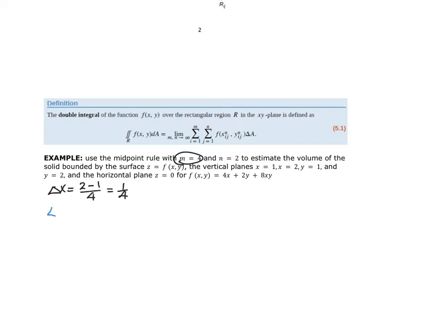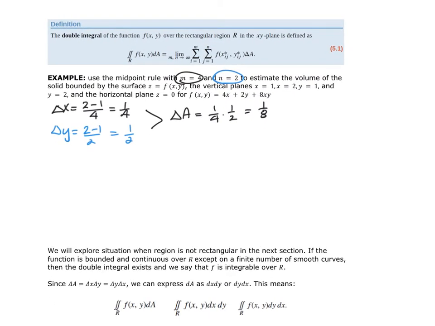My delta y is going to be 2 minus 1 divided by 2. So this gives me 1/2. That means these combine for my delta A, and my delta A is going to be 1/4 multiplied by 1/2, which gives me 1/8.